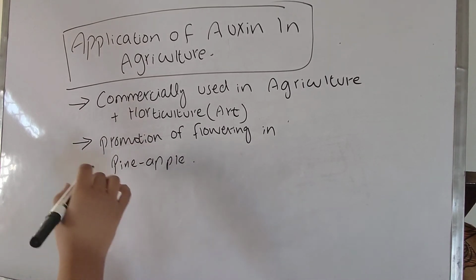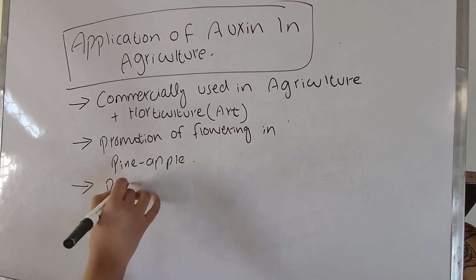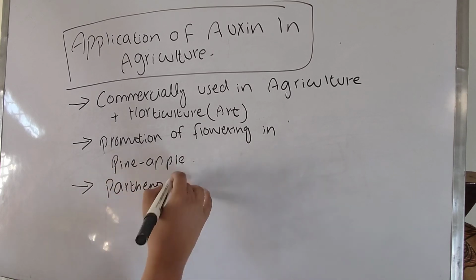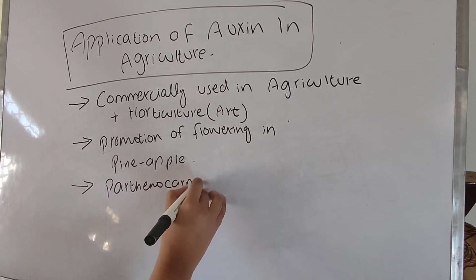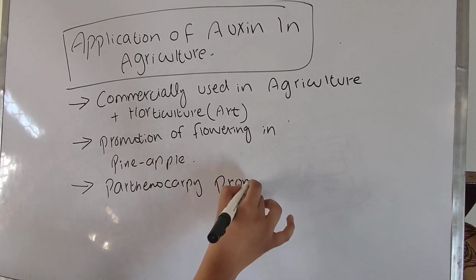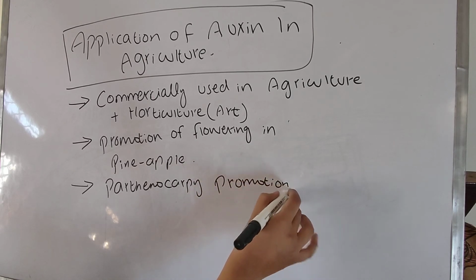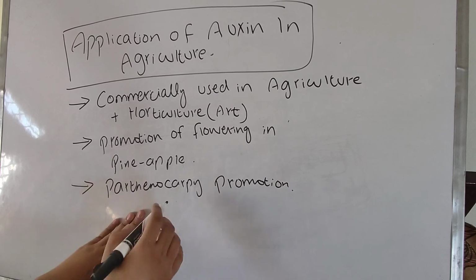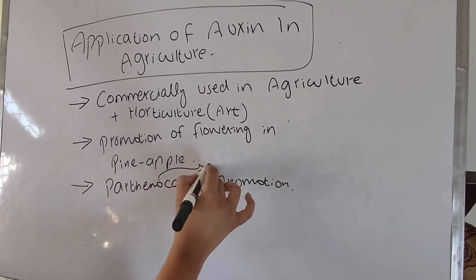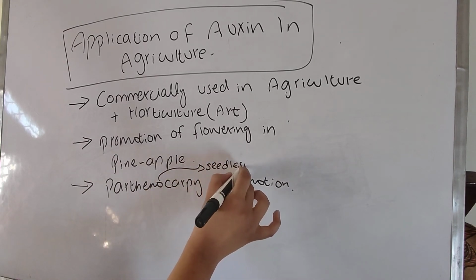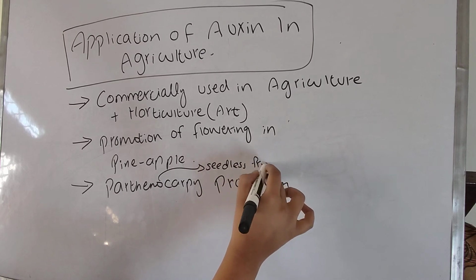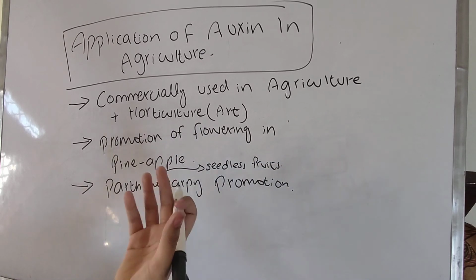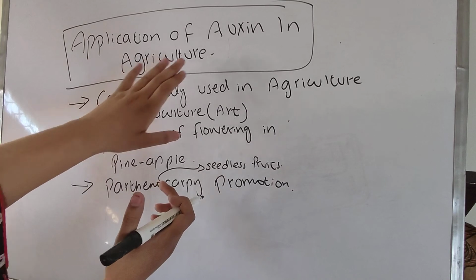Also, it promotes parthenocarpy. Now, what is parthenocarpy? Parthenocarpy is the formation of seedless fruits. You know, we have seedless apples as well. This is just because of this auxin.